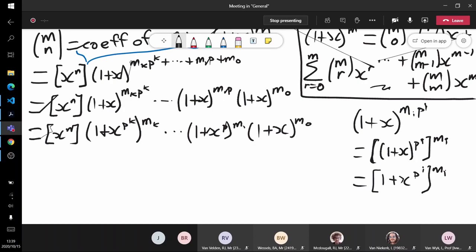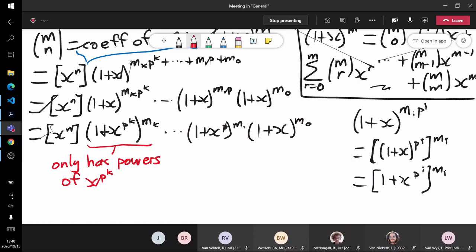Okay, we've made some progress. Now what's cool to notice here, let's write this in red, is that this first bracket only has powers of x to the p to the k. All the other coefficients are 0.